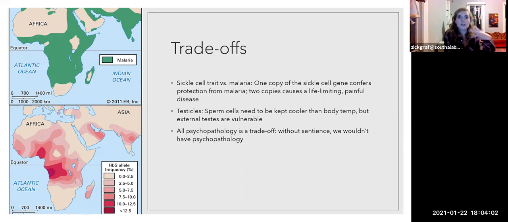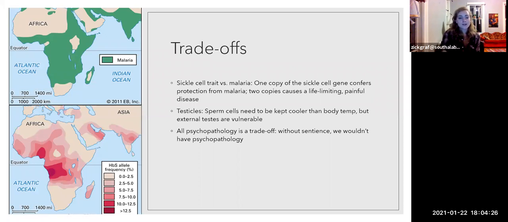It prevents those cells from being as effective in carrying oxygen, and it can create really painful blood clots and cause death by strokes. So one copy of this gene protects you against malaria, but two copies definitely in our ancestral environment would have decreased reproductive fitness, because it typically either causes people to be in debilitating pain or often to die young.